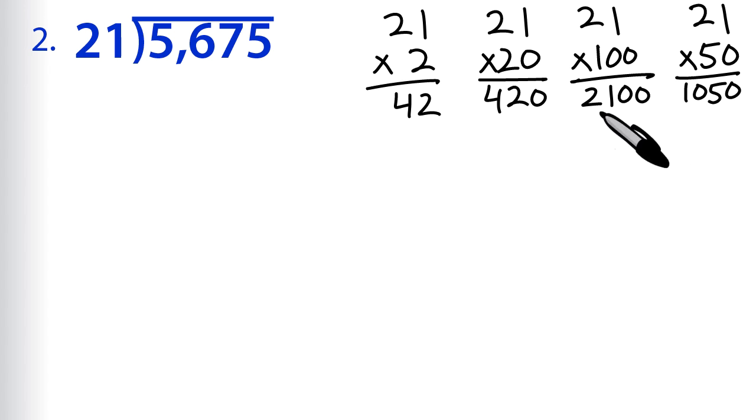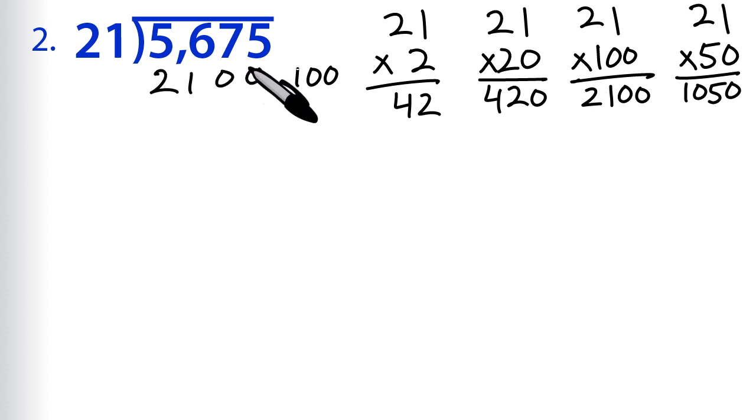And I see that the biggest multiple that we've chosen to work with, 2,100, is less than what we have here. So we'll go ahead and start with that. Not a whole lot of room to put that there. I hope that doesn't get in the way. Okay, so we'll be using the multiple of 100, which is 2,100.